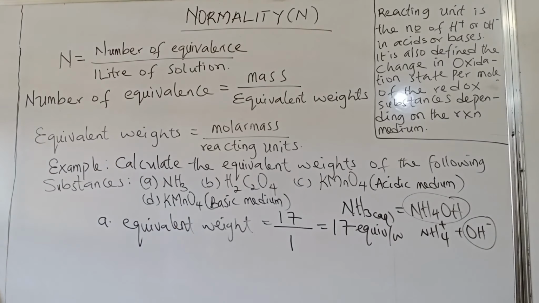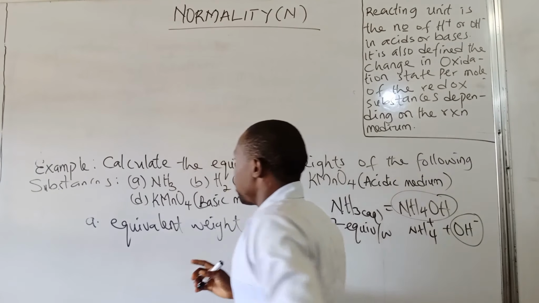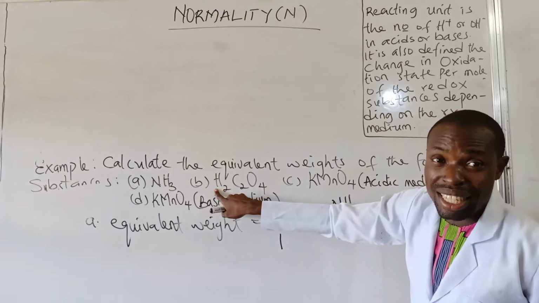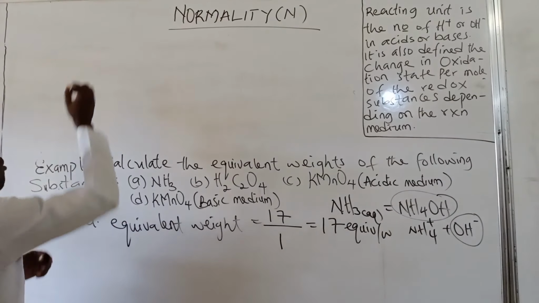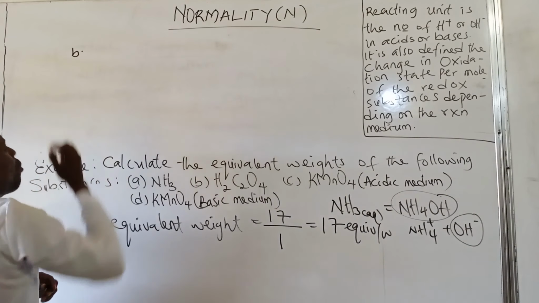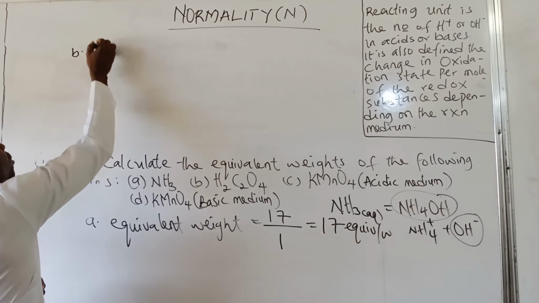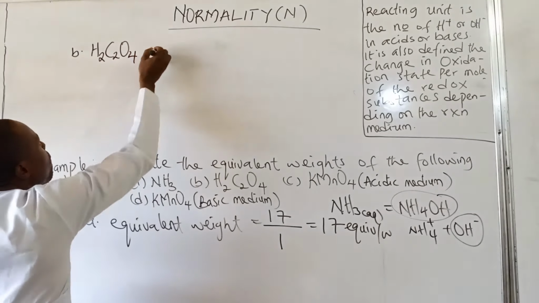So we move to the next example. The next question says, calculate the equivalent weight of oxalic acid, which is very, very simple. So we move down here for B, which is that of oxalic acid. We should understand that oxalic acid is H2C2O4.